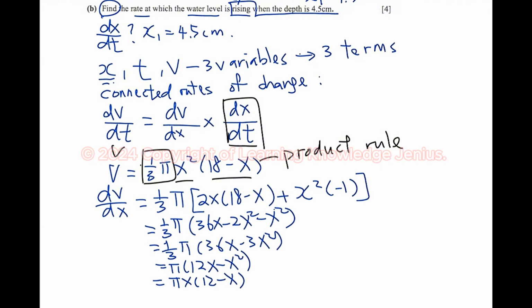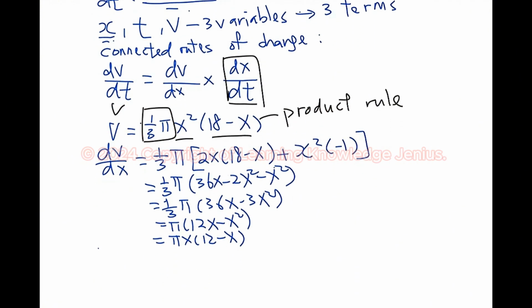But don't forget, we have to find the particular moment when x is 4.5. So what is the dV/dx? When x is equal to 4.5, our dV/dx is equal to pi, and you sub in the x value.